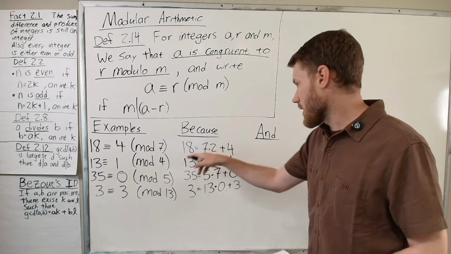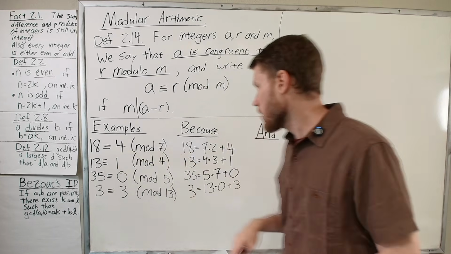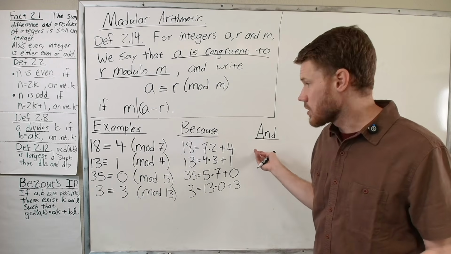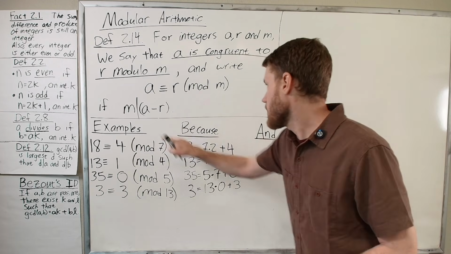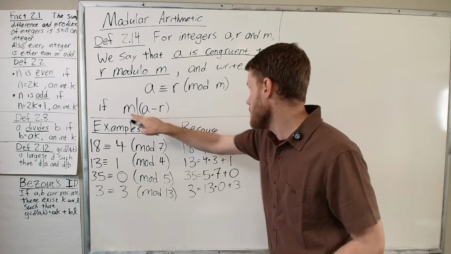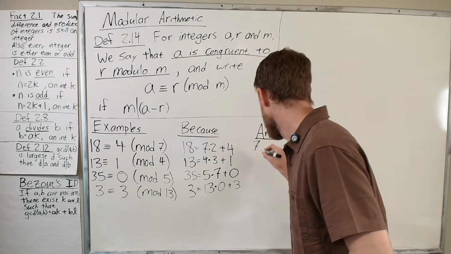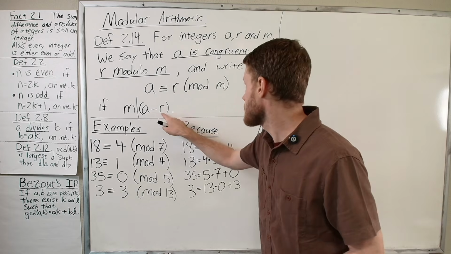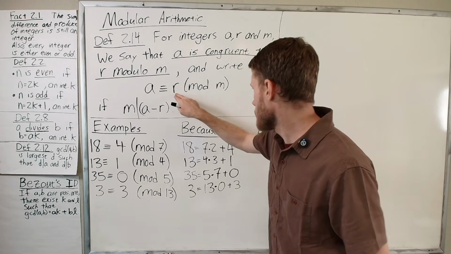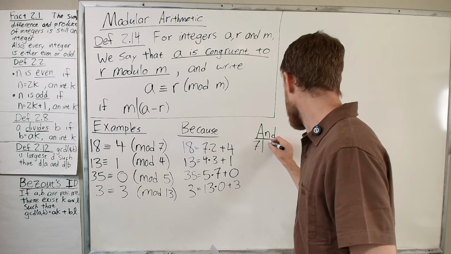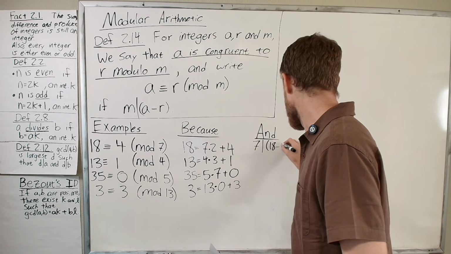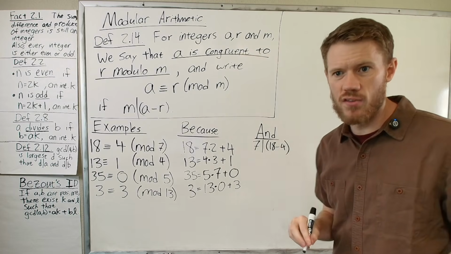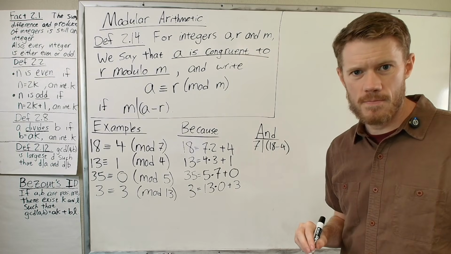But another reason why 18 is congruent to 4 is simply that it satisfies the definition. So is it true that 7, the mod m, divides a minus r? So a is on the left, r is on the right. So this is 18 minus 4. Does 7 divide 18 minus 4?